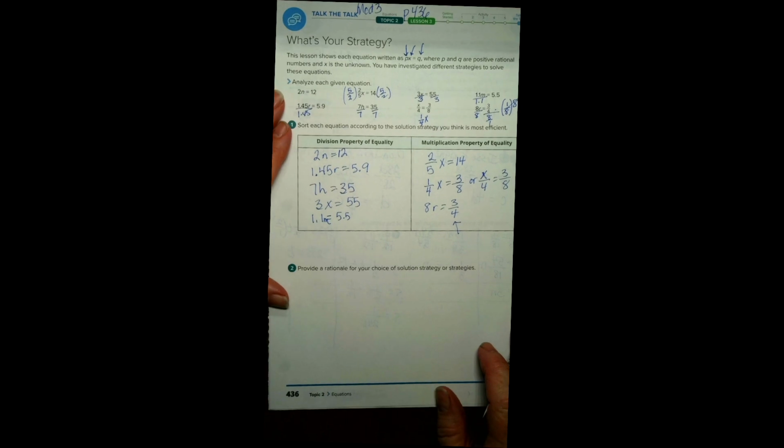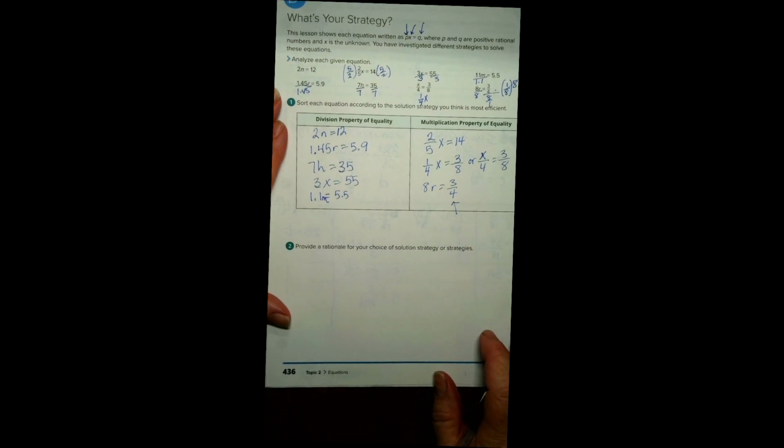Provide a rationale for your choice of solutions or strategies.